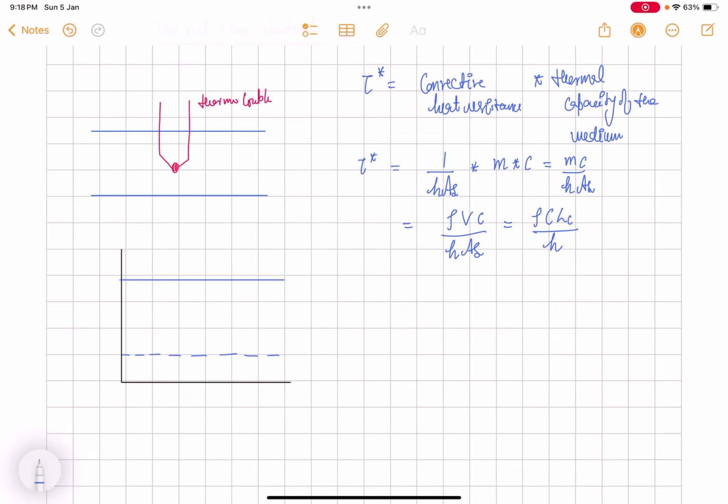All right, so I have told you in the previous class also that tau star represents the thermal response of the body. For faster response the time should be less, right?